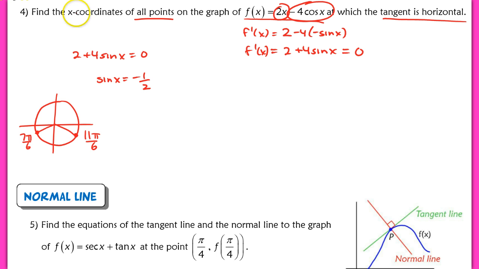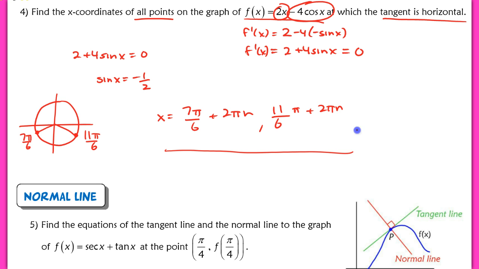So all of the x coordinates for the points on the graph of 2x minus 4 times the cosine of x, where your tangent will be horizontal, all of those x coordinates should be in the form 7 pi over 6 plus the multiples of 2 pi, and 11 pi over 6 plus multiples of 2 pi. So these are all of the different x values for which you have a horizontal tangent on the graph of this particular function.